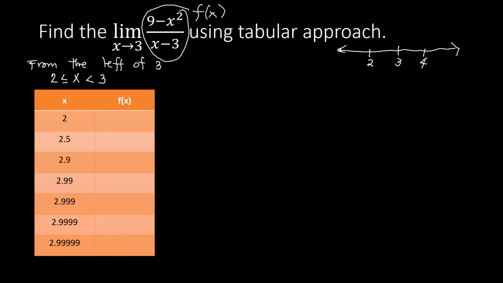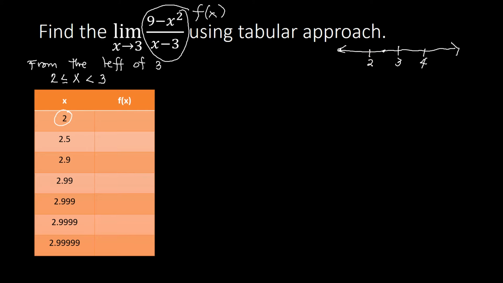The values that we are considering on the x are the following. We have the number 2, and then as we move closer to the number 3, we can also consider 2.1, 2.2, 2.3, 2.4. I will be getting 2.5, and most of the time they use 2.5, the one in the middle between 2 and 3.